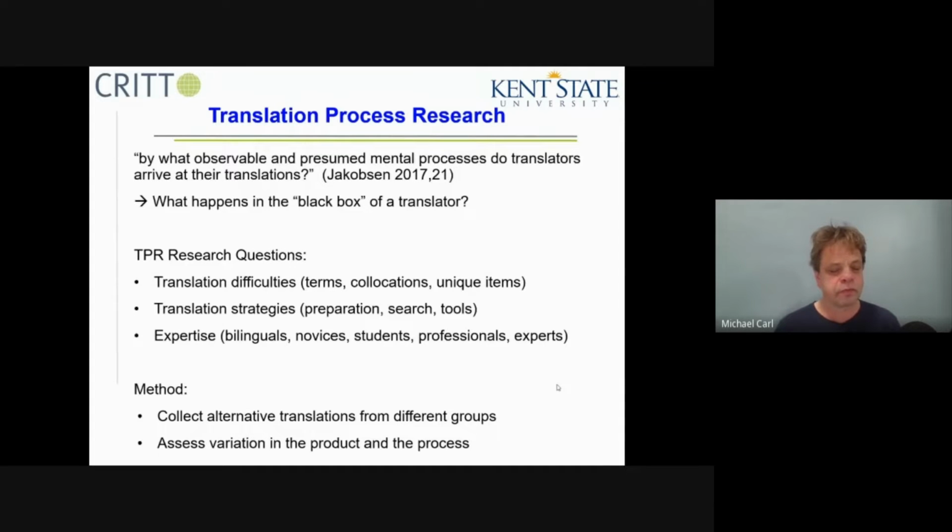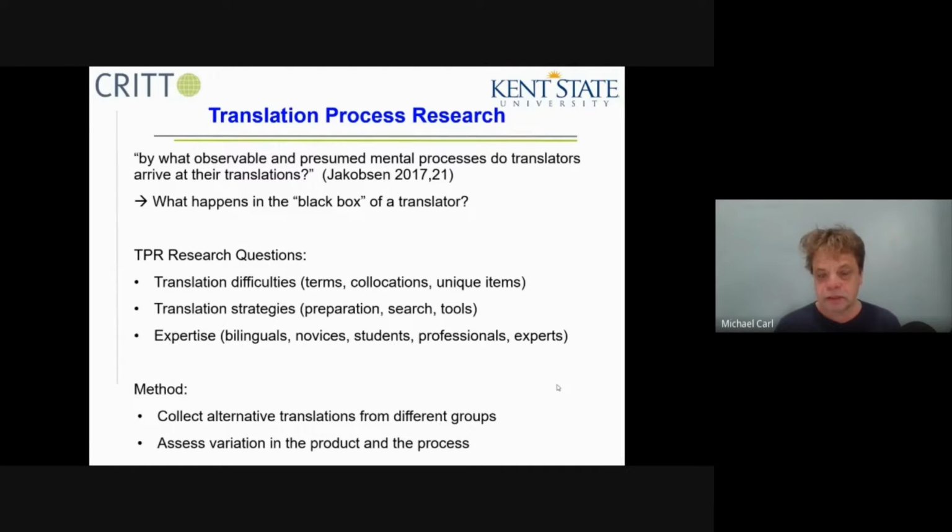So means, for instance, we have one text, and this one text is translated by different novice translators, so 10 or 20 novice translators, or 10 or 20 expert translators, and then we can see some variation in the translation output and in the translation process.